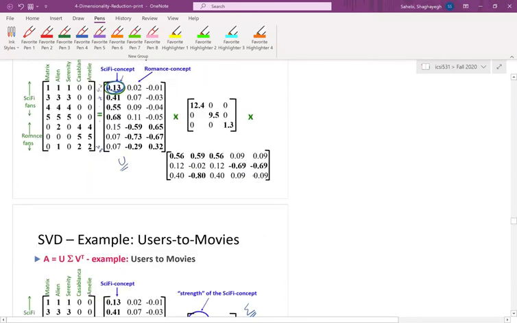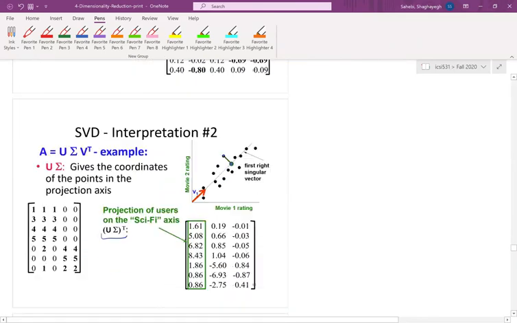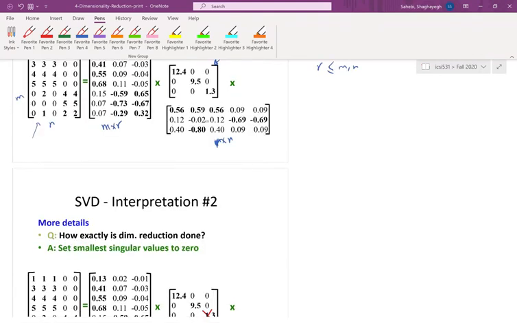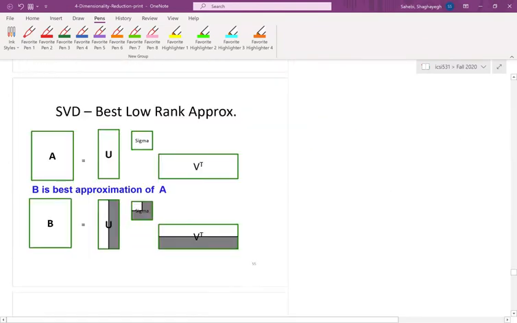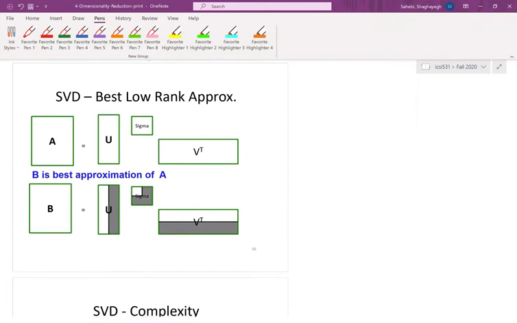And because we are removing the least important singular value and singular vectors from our decomposition, this rank 2 approximation is the best rank 2 approximation that we can get from A, meaning that when we build this matrix B out of multiplication of U that only has 2 columns, V that only has 2 rows, and sigma that is 2 by 2, B is going to have rank 2, right?